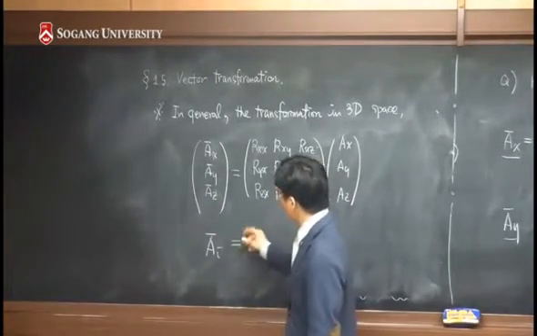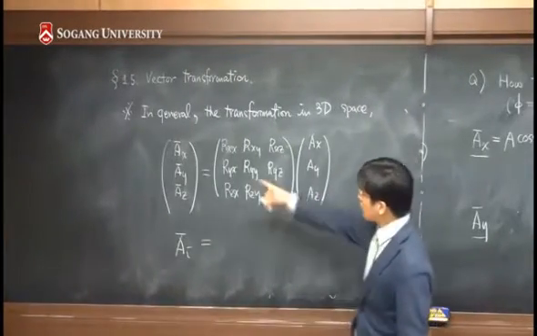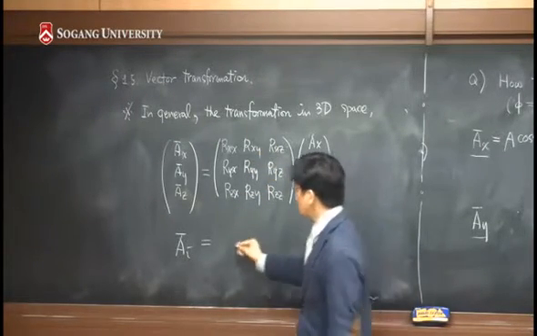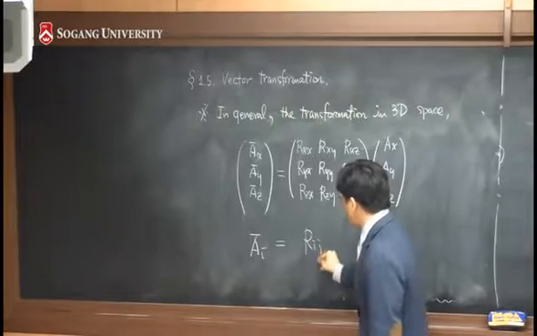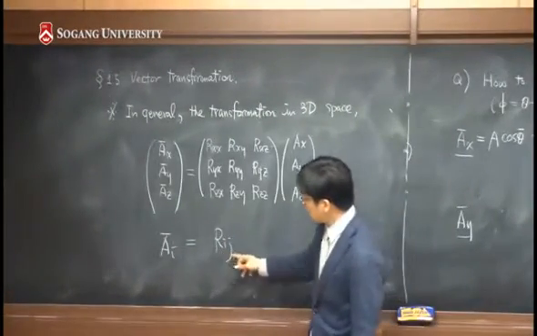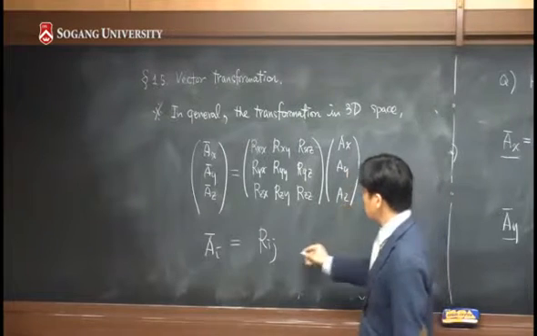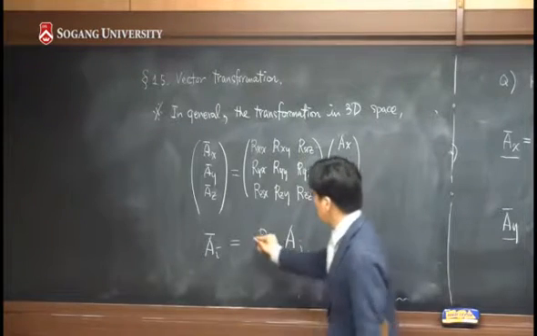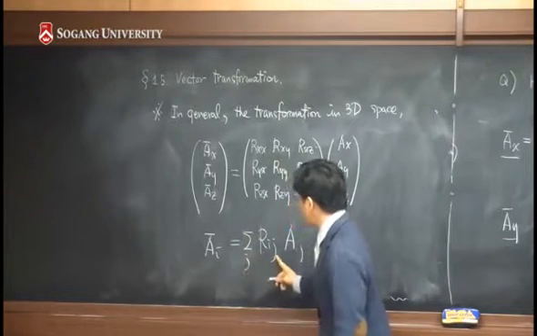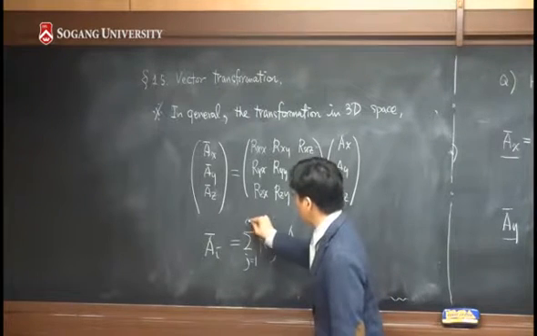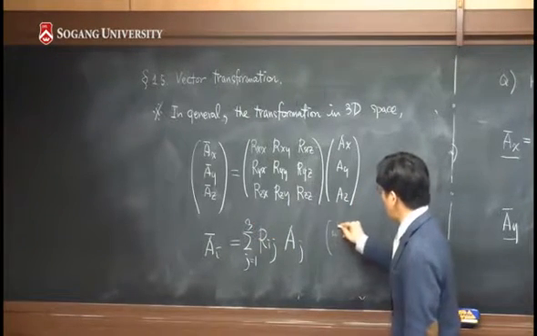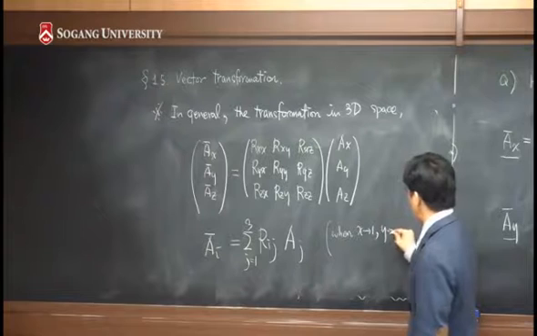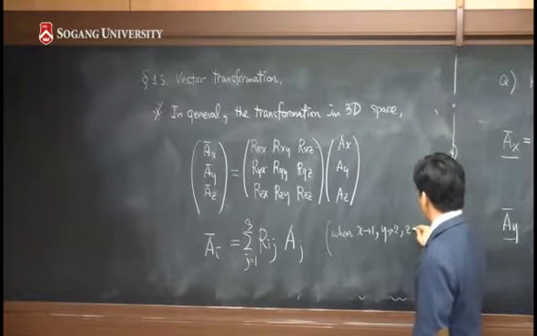In that case, this matrix must have two indexes, column and row, such that R must have two indexes, and the multiplying vector should have one index like this, and they should be summed over the same index j equal to 1, 2, 3, when you denote x as 1, y as 2 and z as 3. Okay?